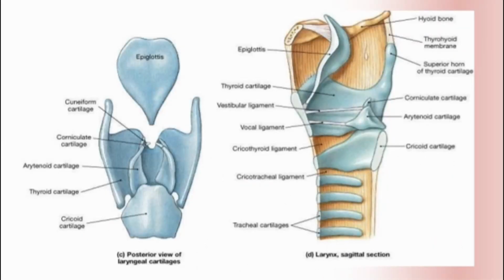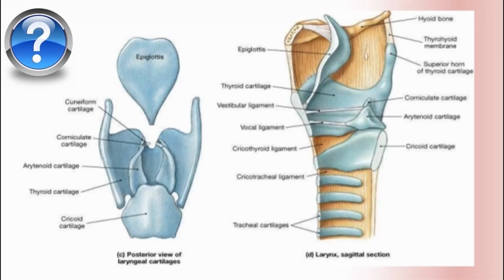To your right is a sagittal section of the larynx and upper part of the trachea, where you can see this structure. What is this structure? This is the vocal process of the arytenoid cartilage. And what is this?